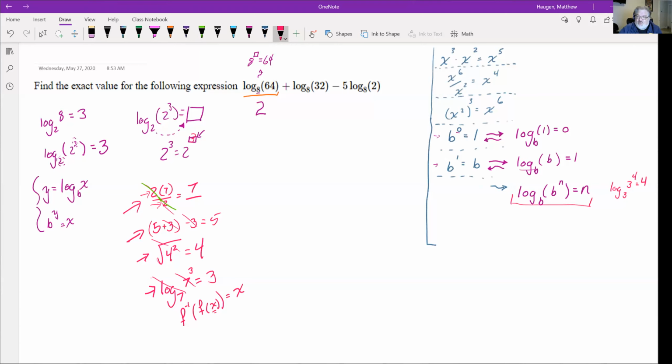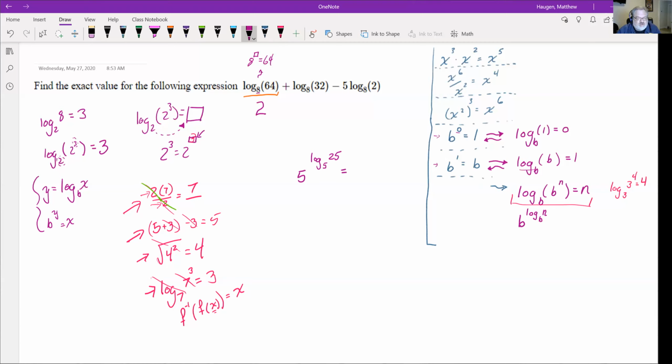We could even take this one further and say, okay, what happens if we have b raised to the log base b of n? Or say 5 raised to the log base 5 of, well, I don't know, 25.